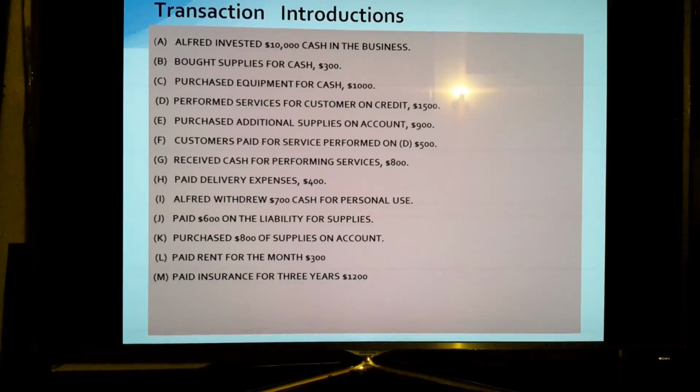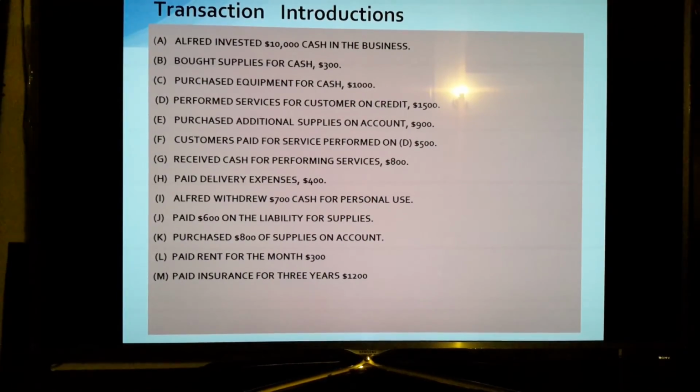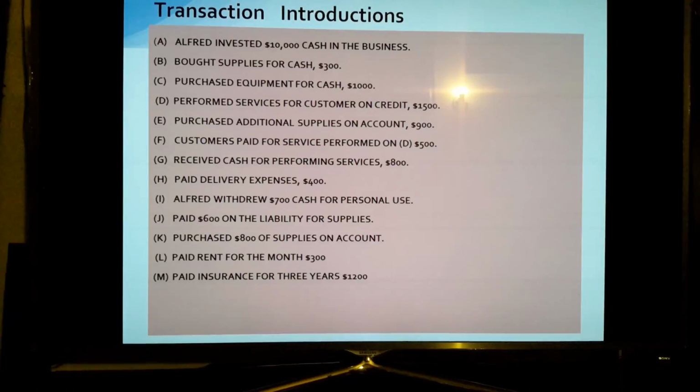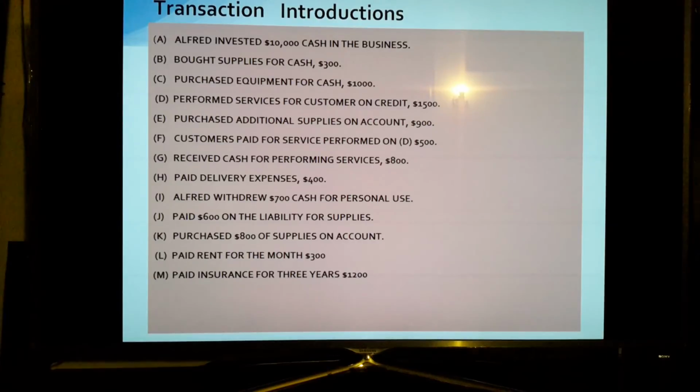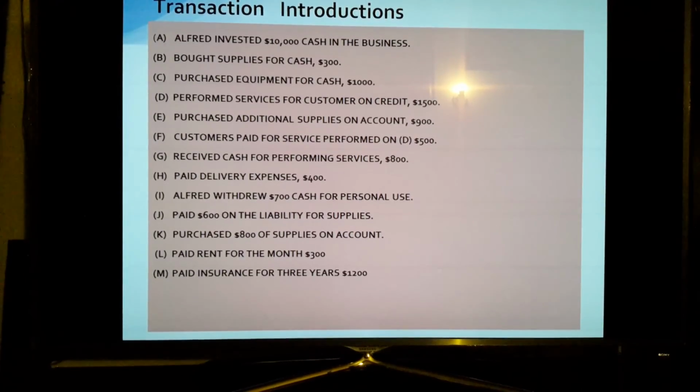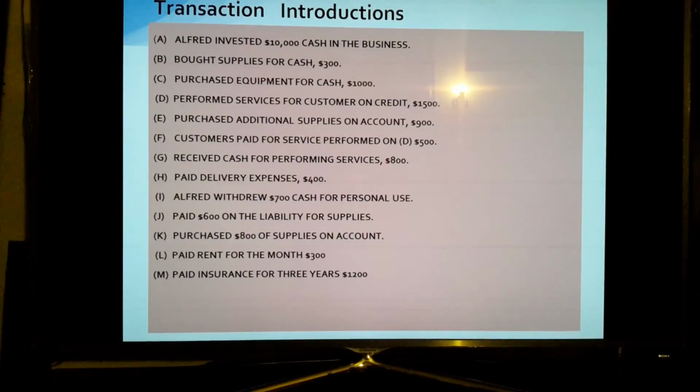Okay, let me see. I created these transactions where the business person's name is Alfred. So Alfred invested 10,000 cash into a business, bought supplies for cash, purchased equipment for cash, performed services for customers on credit, purchased additional supplies on account, customer paid for services performed, received cash for performing services, paid delivery expenses.